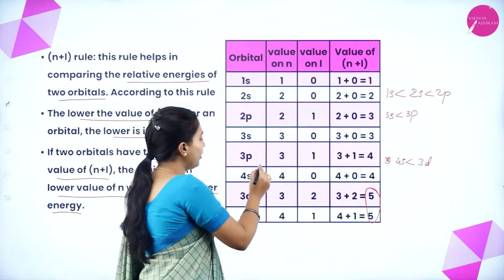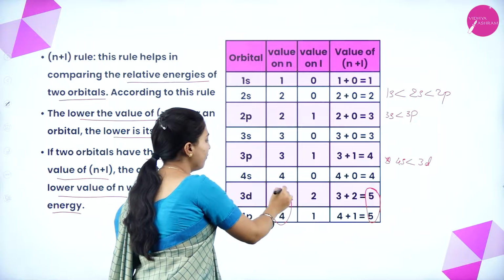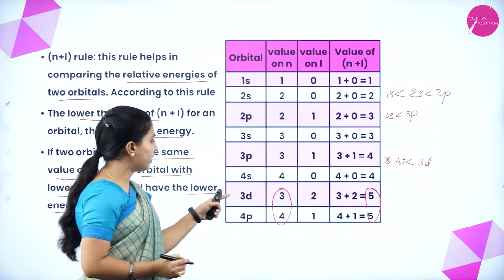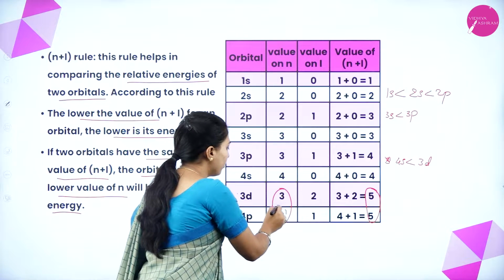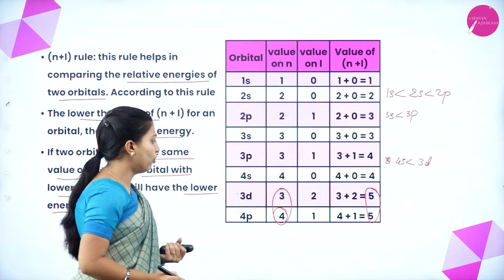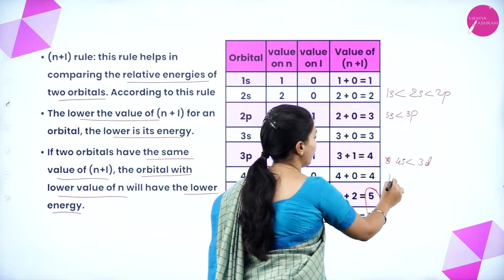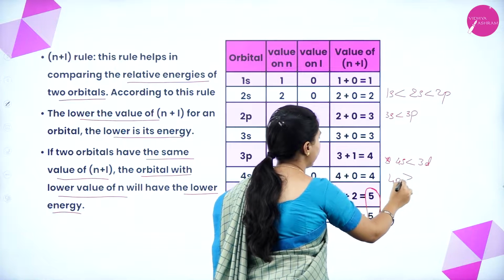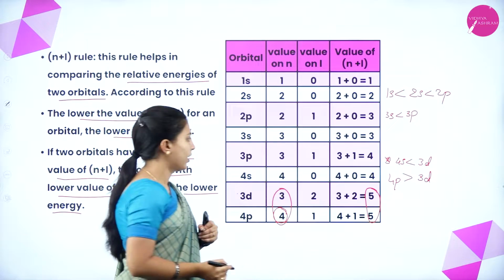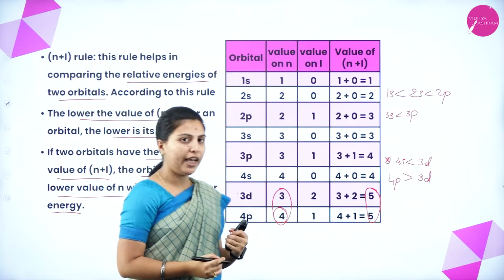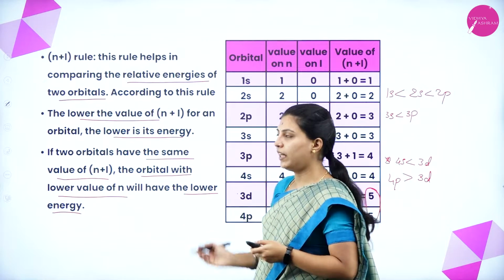That time we have to consider the n value, the higher value, comparing 3d and 4p. This 4, that is the n value, is more, so 4p is greater than 3d. Like this we have to apply the n plus L rule.